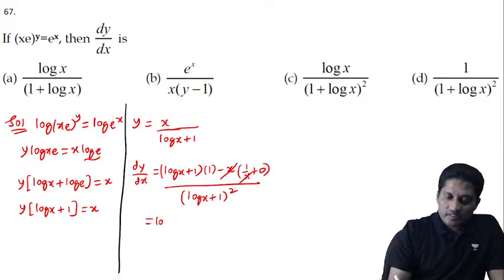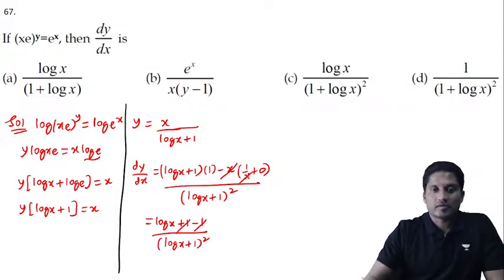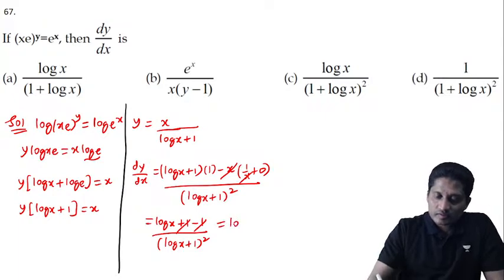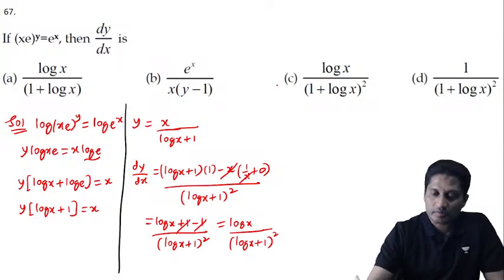You will get log x plus 1 minus 1 divided by log x plus 1 the whole square. This will cancel. What's left out? Log x divided by log x plus 1, and this is whole square. Answer is option C.